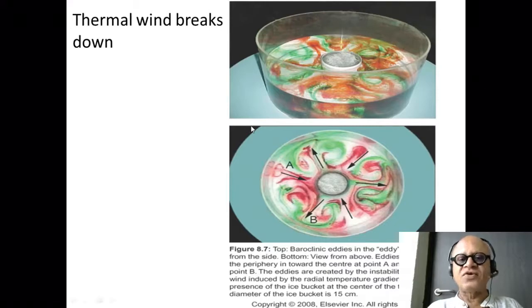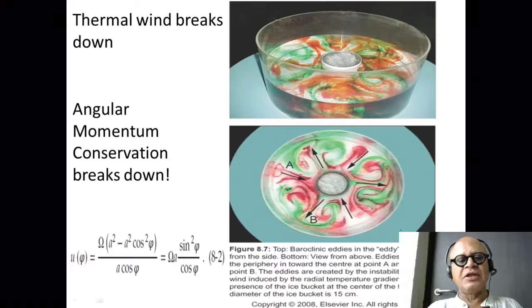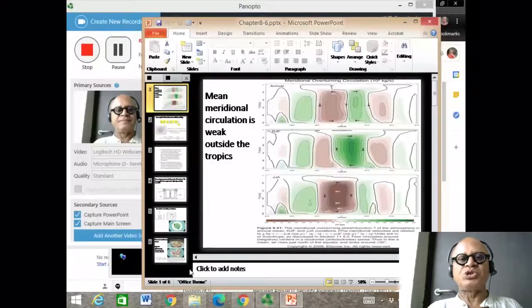In a heuristic sense, this is our main concept of baroclinic instability. Here we increased f by increasing the rotation rate. On the real Earth, you just move from the equator to higher latitudes, so we increase f, the Coriolis parameter. Angular momentum conservation breaks down when f becomes too large, and that's our good old equation, with cosine phi in the denominator, so the amplification by R, the distance from the local axis of rotation.